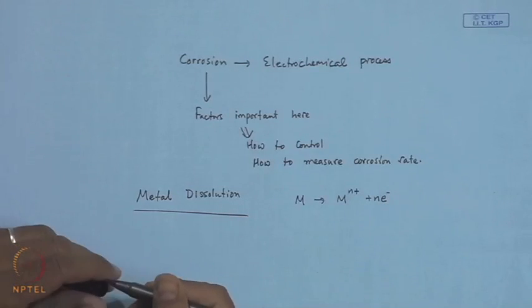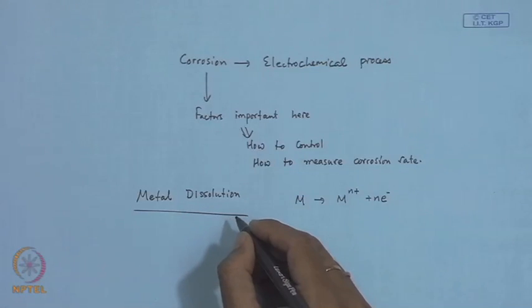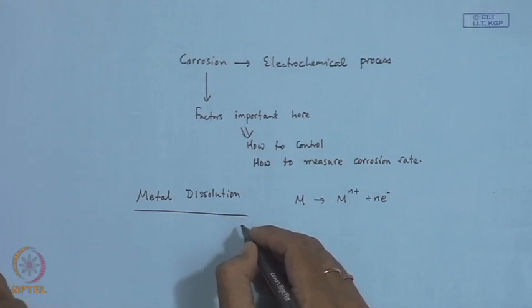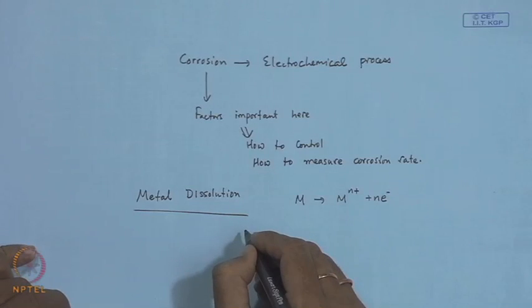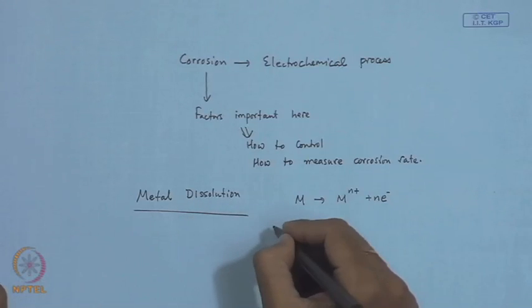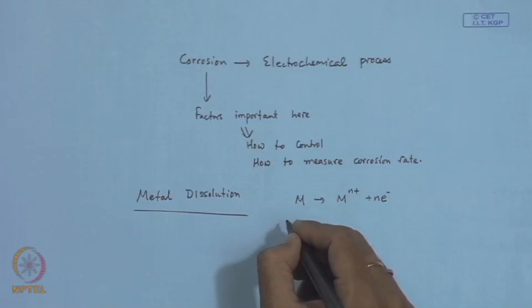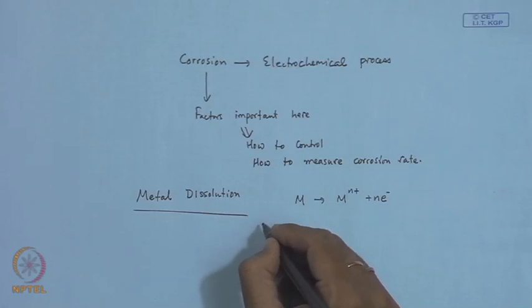Now, in most of the corrosion processes, excepting cathodically controlled processes, metal will dissolve, because corrosion is mostly related to metals. So, metals will dissolve, and we should have an understanding of the principle behind the metal dissolution process. And that will be an important part for understanding corrosion.